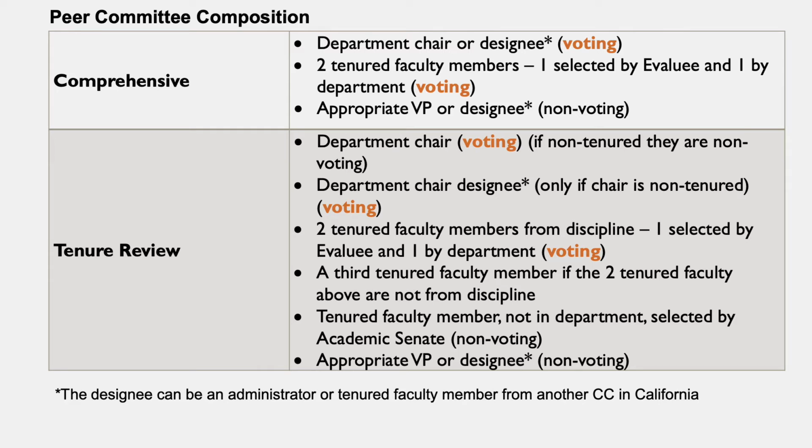A third tenured faculty member if the 2 tenured faculty above are not from the same discipline. A tenured faculty member not in the department who is selected by the academic senate, so the senate gets a designee. And then finally the appropriate VP or designee. And it should be noted that the VP or designee is a non-voting member.